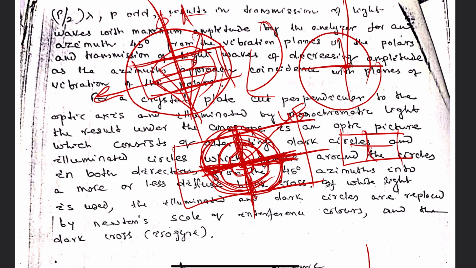So this isogyre remains fixed. It does not show any shift in its position, because when the rotation is being given, the optic axis position is fixed in the section.